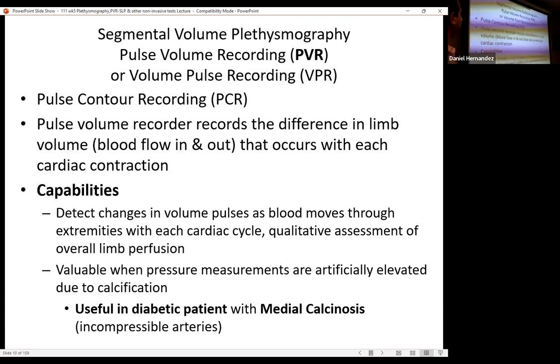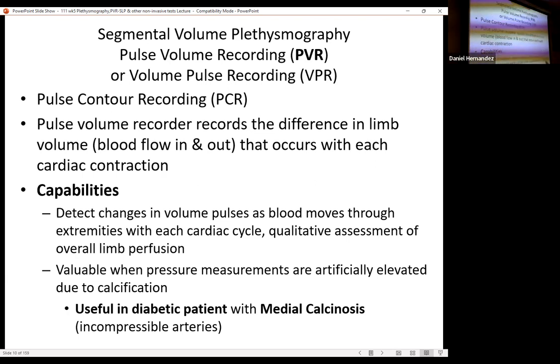These PVR waveforms are particularly valuable in patients that have a disease called medial calcinosis. So highlight that, that's important. Medial calcinosis is a hardening of the medial layer. It's a calcification, hardening of that arterial layer that causes the vessels to become non-compressible.